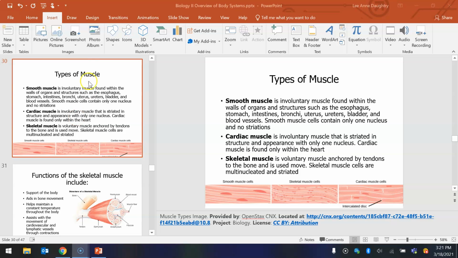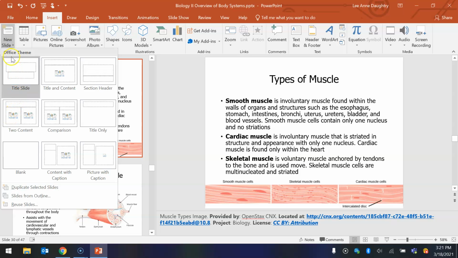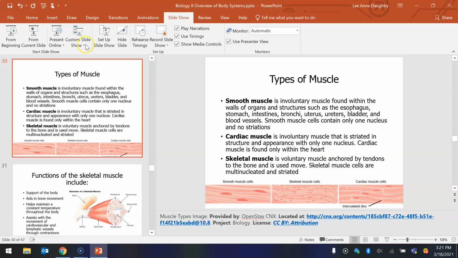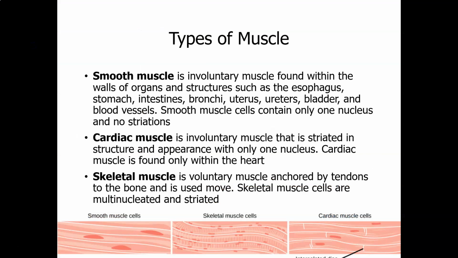Okay, so we were talking about the 3 different types of muscle. I went over smooth muscle with you, so let's go to cardiac muscle. Cardiac muscle is only found in the heart.